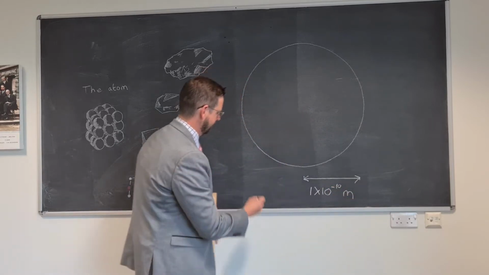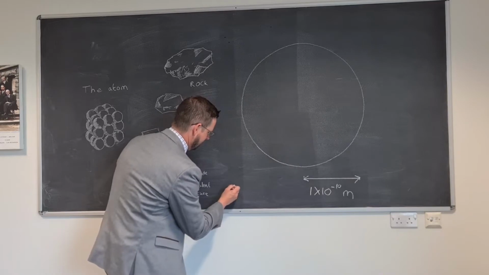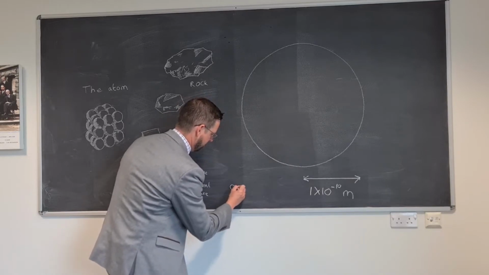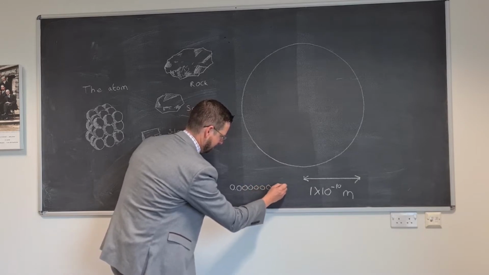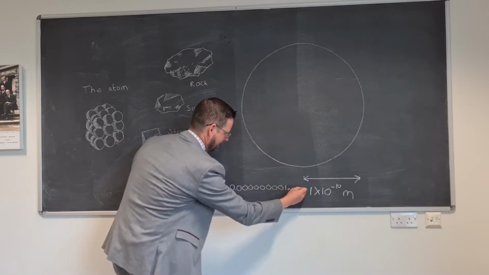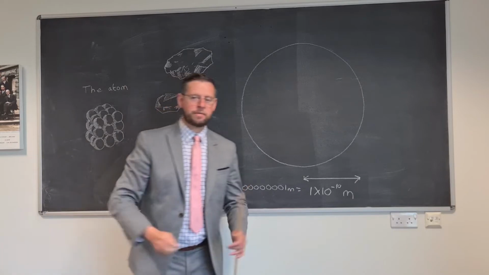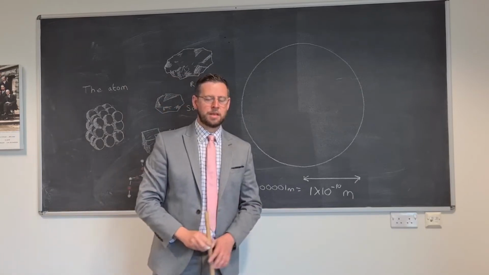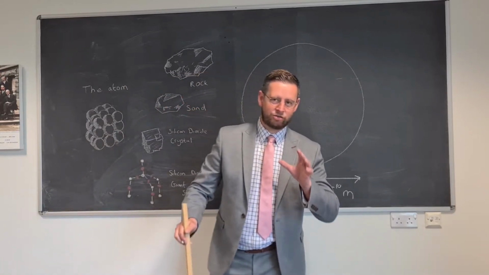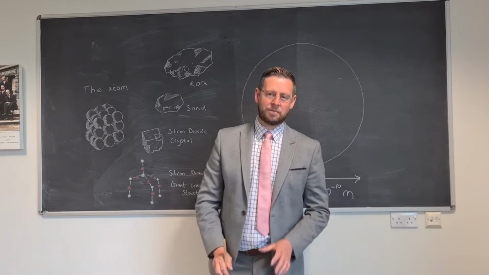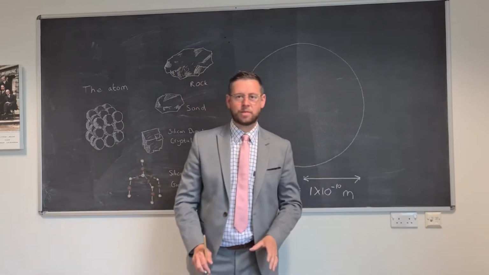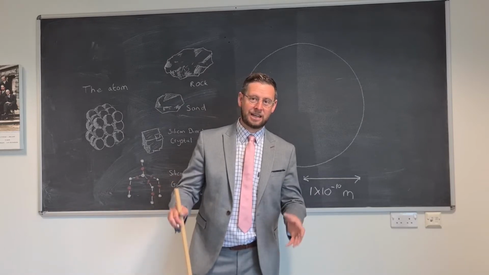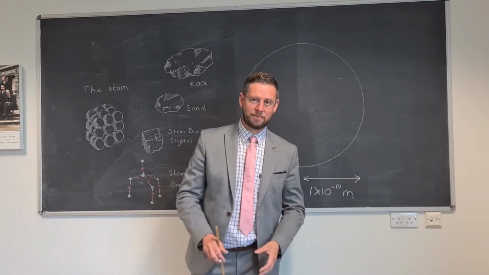And if you're not used to standard form, that's the same as saying 0.0000000001 meters. A very small distance. But that's not where the structure ends, because if we voyage deep inside the atom, we can see that the atom itself has some structure.